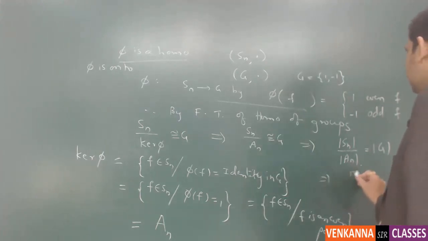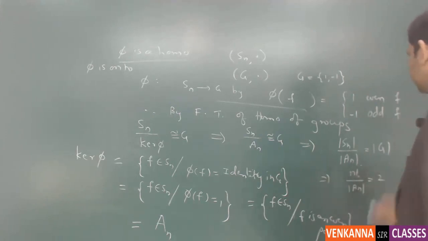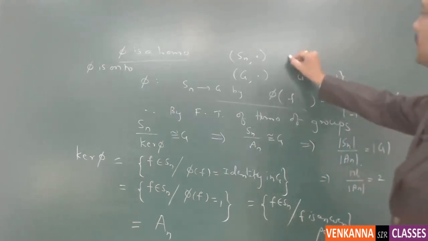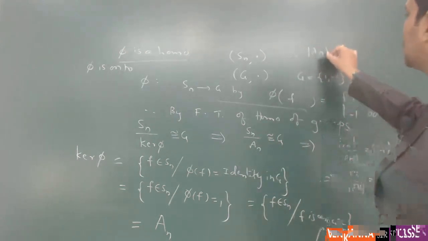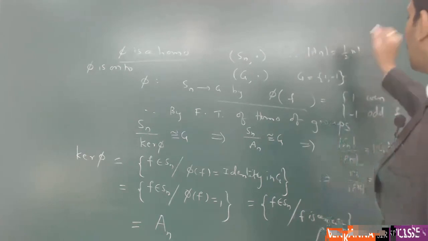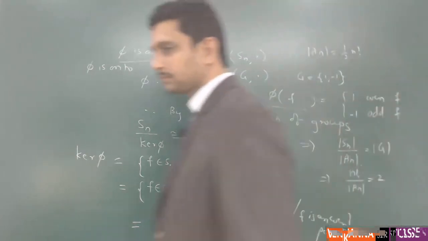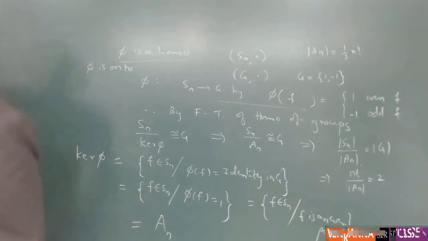So this implies n factorial by order of An is equal to 2, because G contains only two elements. Therefore, order of An is equal to 1 by 2 n factorial. So the set of all even permutations has half n factorial elements. Clear? Yes or no?